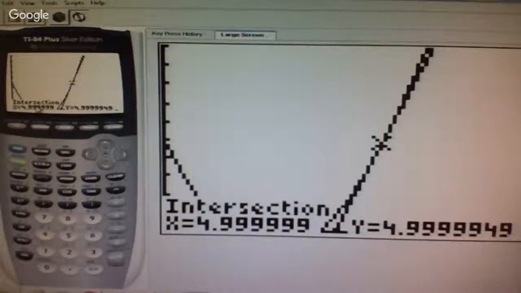Right, intersection. Perfect. Okay. So there it only crosses once at 5, 5.